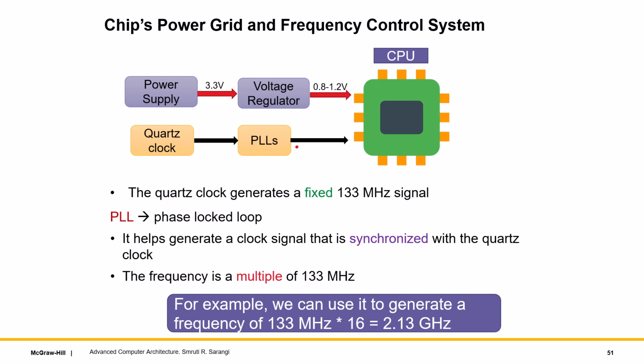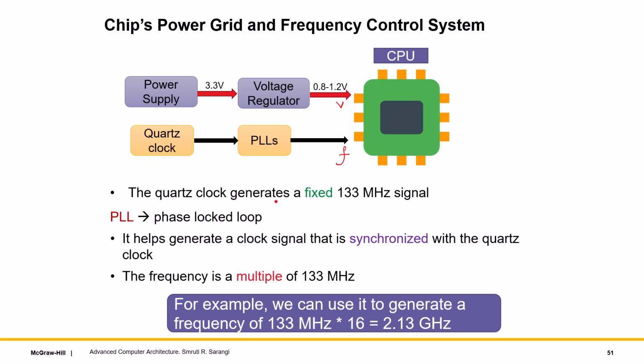So you can't scale to an arbitrary frequency, but you can scale to different multiples of this 133 megahertz, as the PLL is set up to do that. The PLL provides a frequency base and the voltage regulators provide a voltage base. They could be on chip or off chip. Most of the time the voltage regulators are off chip, but the PLLs could be on chip.